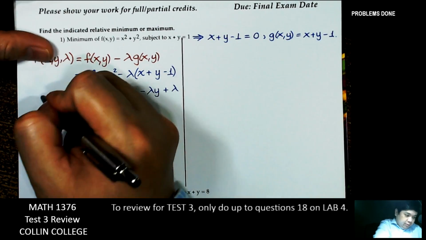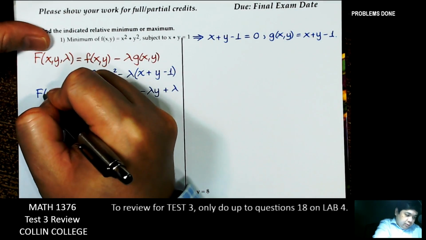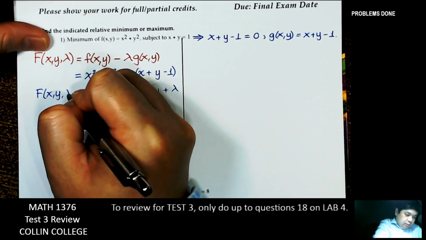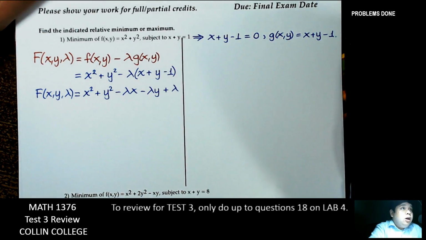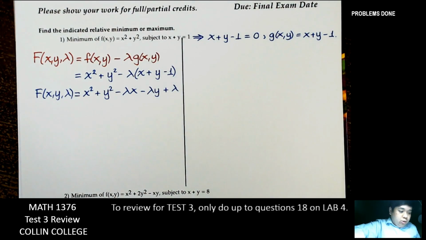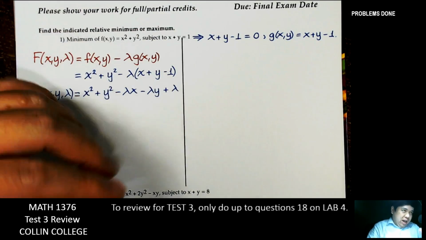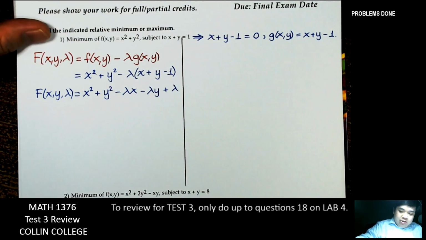And so that is the function. Now all we need to do is take partial derivative with respect to x, y, and lambda, and make them equal to 0.